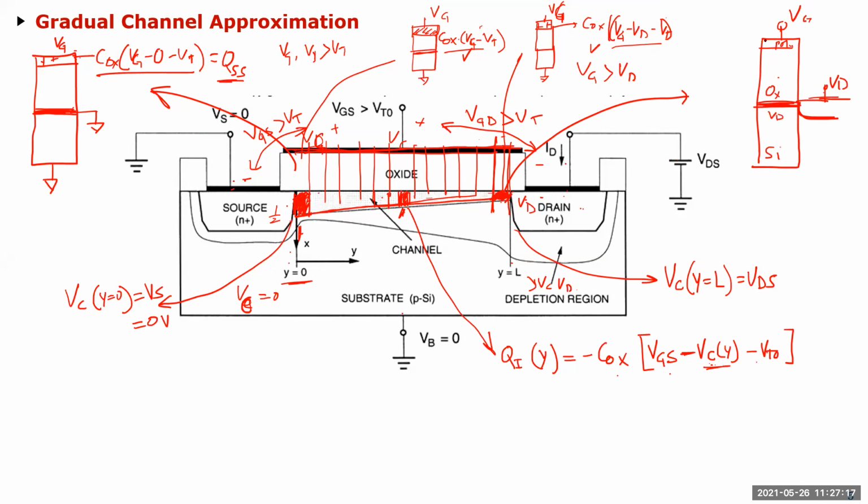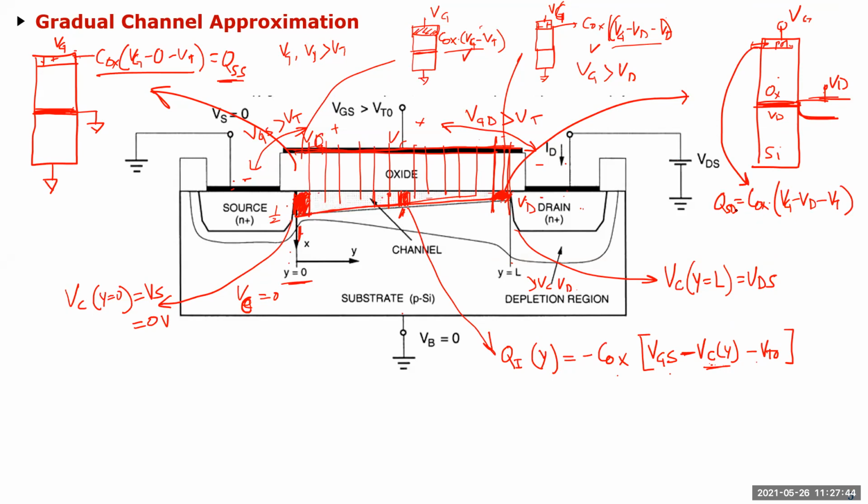So the charge here, QD, is equal to Cox times VG minus VD minus VT, the total charge.